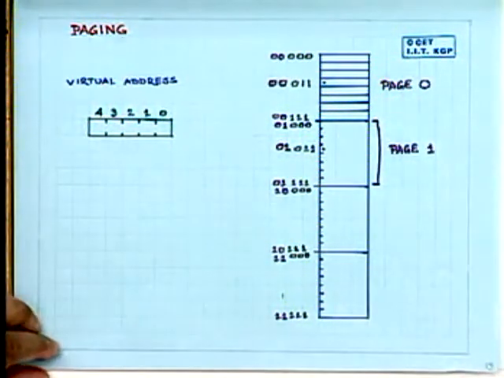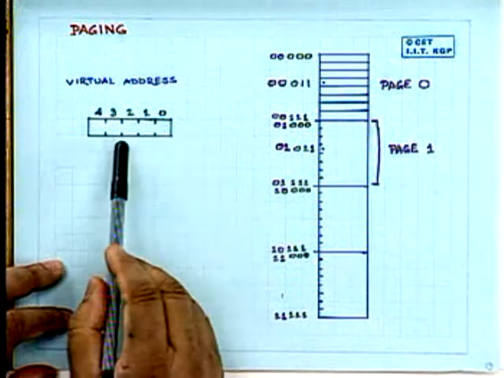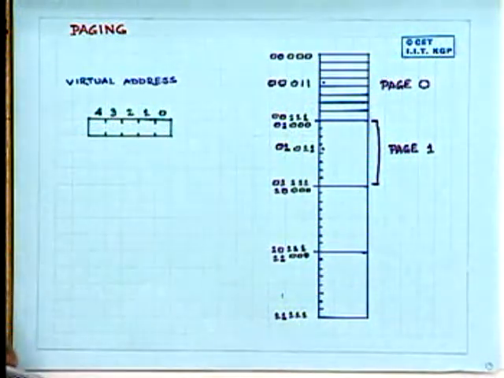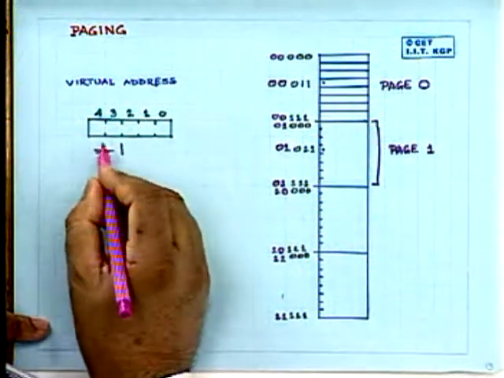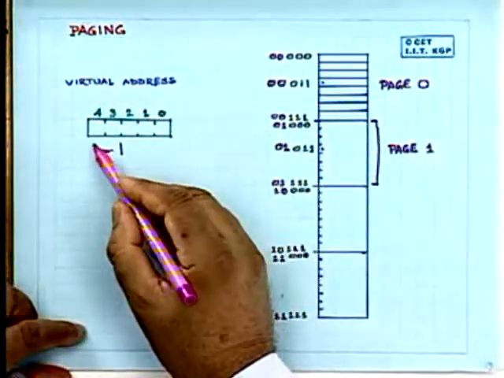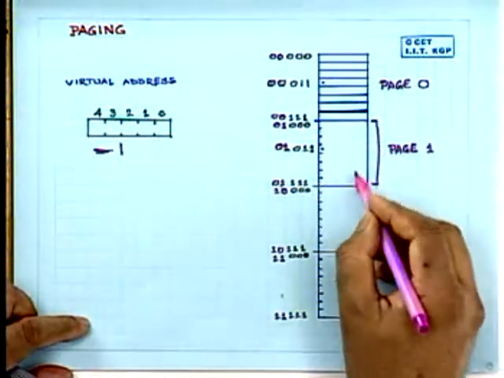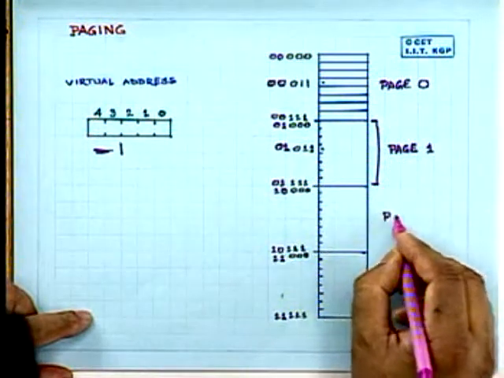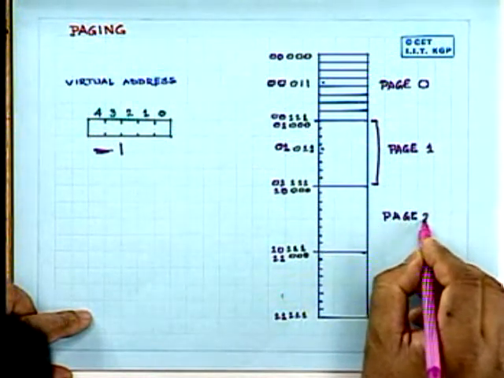Now, which essentially means that the virtual address can be divided into 2 components. The first 2 bits determine the page number. For example, if it is 00, then I am in the 0th page. If this is 01, I am in page 1. If it is 10, then I am in page 2.